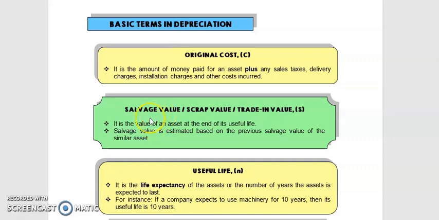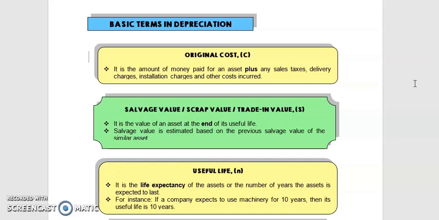So remember, salvage value is the value of the asset at the end of useful life. Salvage value is estimated based on the previous salvage value of a similar asset. For example, if you bought a Toyota Vios, make sure you estimate with a similar asset.